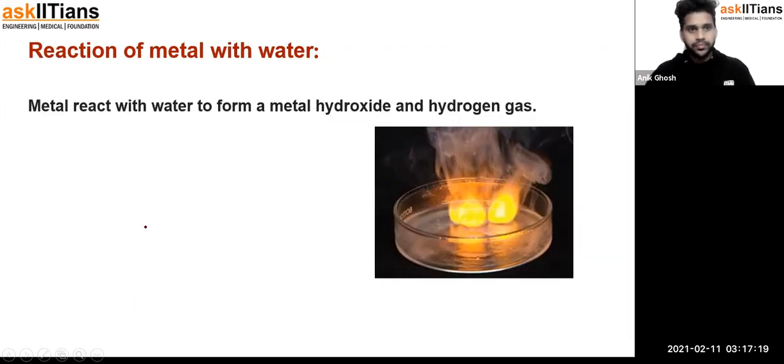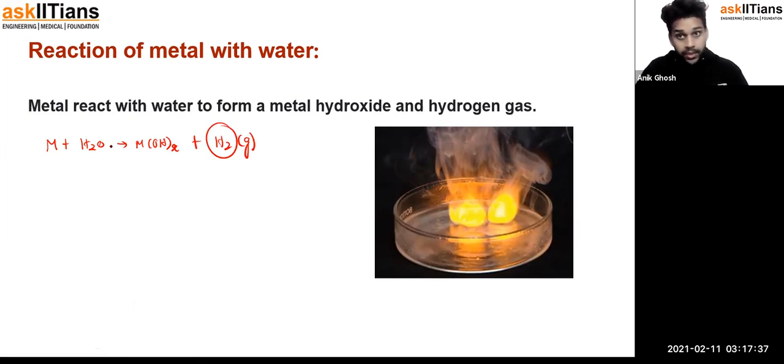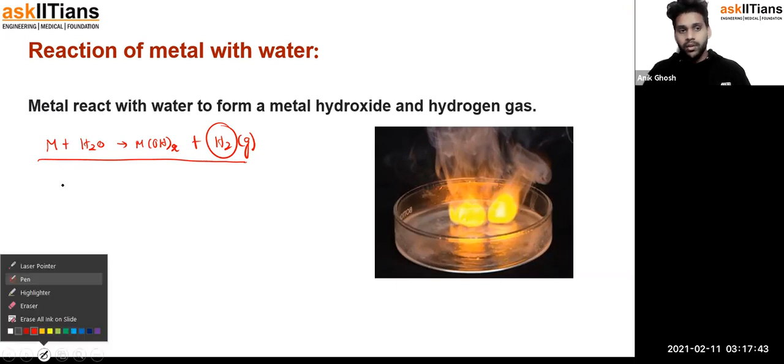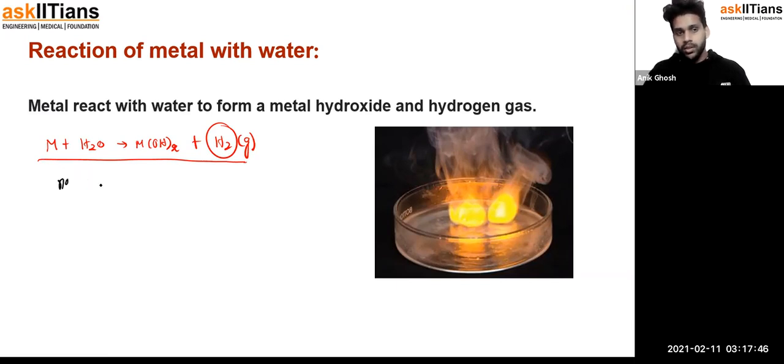Yeah. So I was saying, when metals react with water, they give you metal hydroxides plus hydrogen gas, isn't it? This is how we prepare hydrogen gas in the laboratory. Now the thing is, this reaction is not equally plausible for all of them. They are not equally reactive.